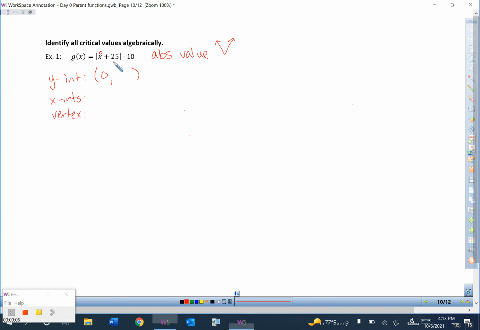This says the absolute value of 0 plus 25 minus 10. This, of course, is 25 itself, and 25's absolute value is 25 because it's already positive. So we get 15. All of this can be done in your head, but I wanted to show really clearly how we were simplifying these.